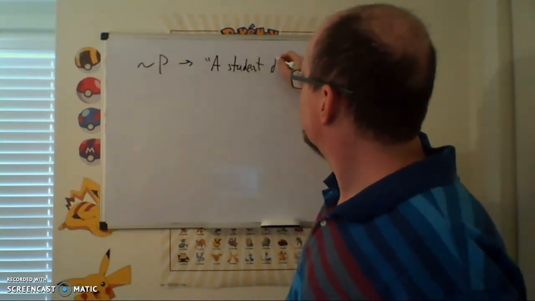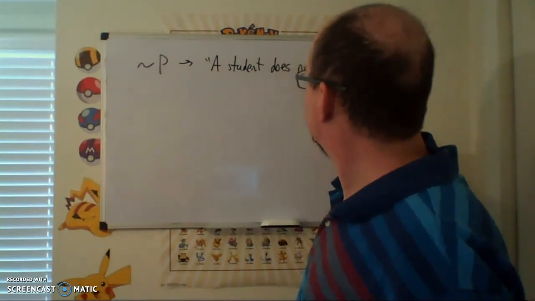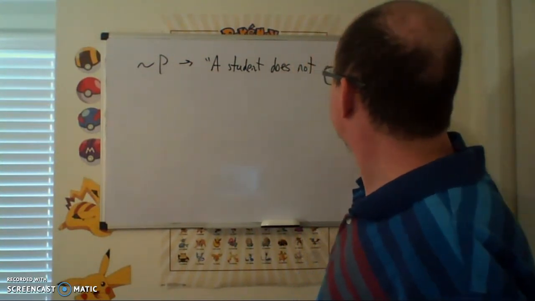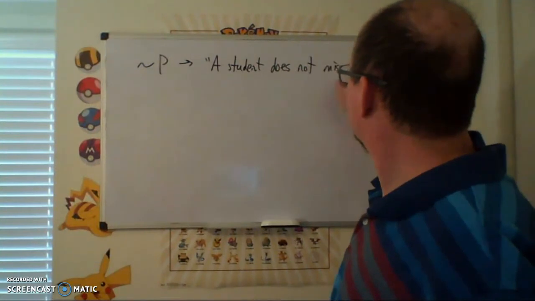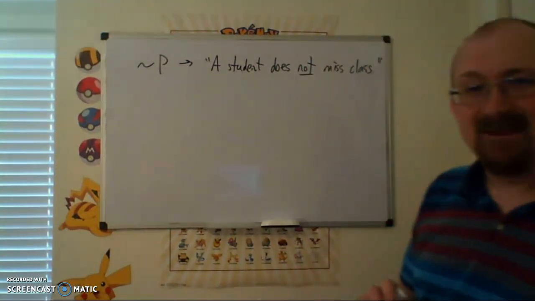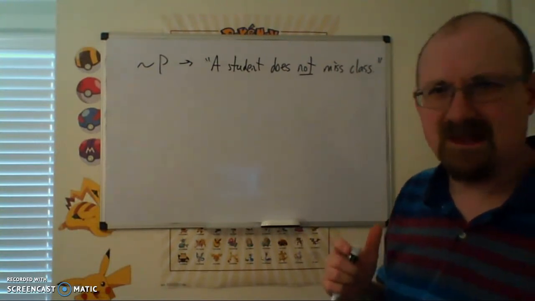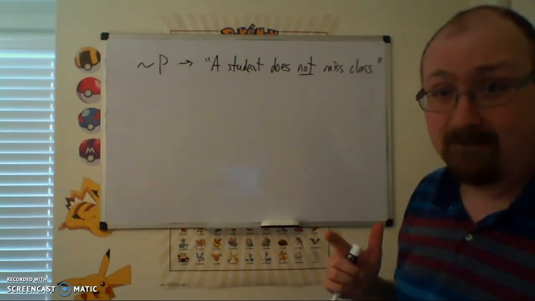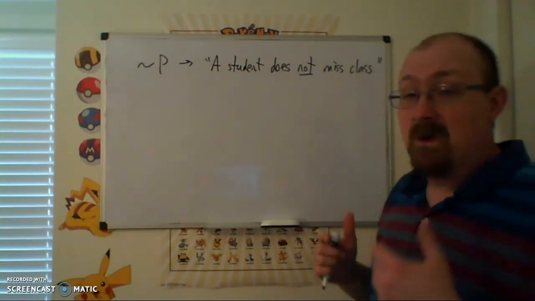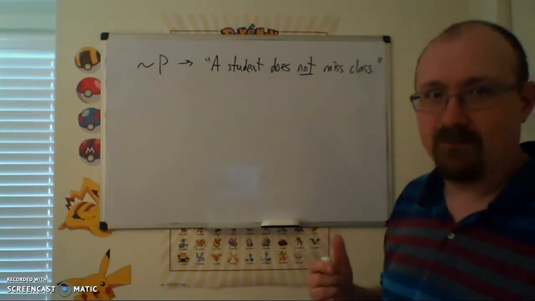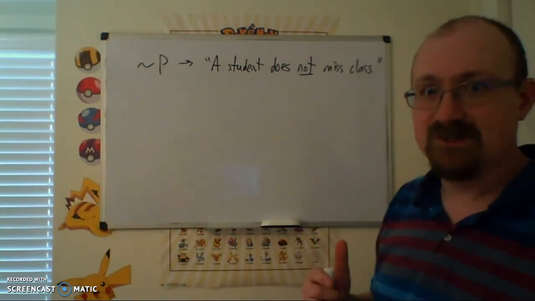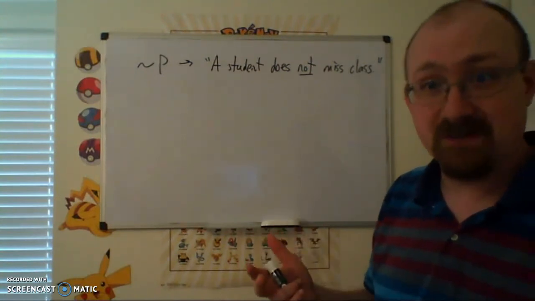So a student does not miss class. So yeah, that's kind of the flag there. If you see not in a sentence, you probably want to translate that using a negation in some way, shape, or form. So we could work through similar exercises. What does it mean if you say, a student does not study? That would be the negation of Q.